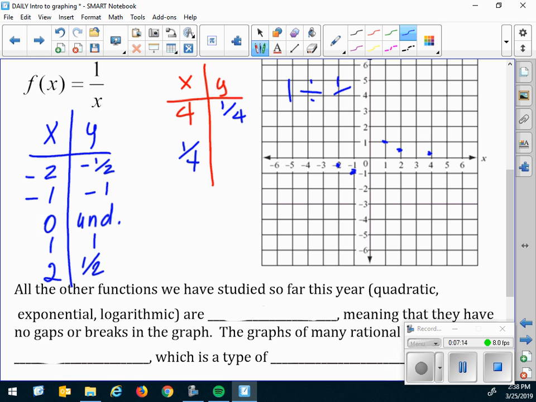When you divide by a fraction, it's the same as multiplying by the reciprocal. So that's 1 times 4. So 1/4, 4. You guys are trying to find a pattern. There's not one.